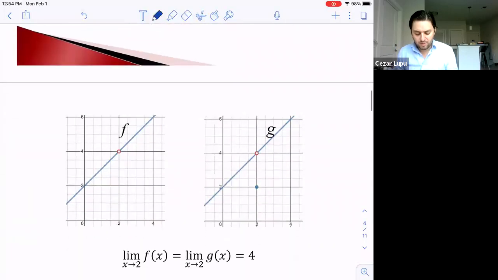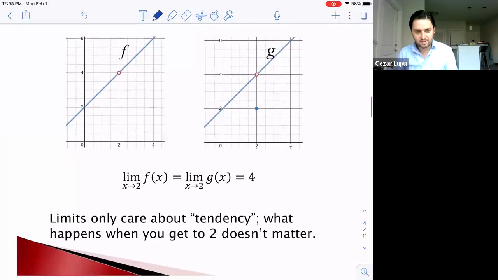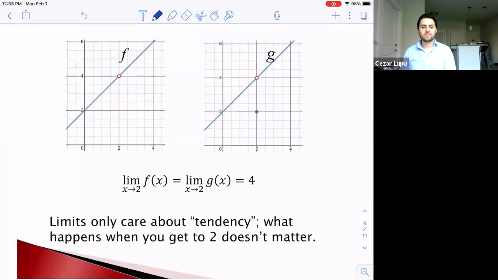And now let me show you some graphs. Look at these two graphs, and let's interpret them a bit. You see the difference between them? You have this point here, x equals 2.